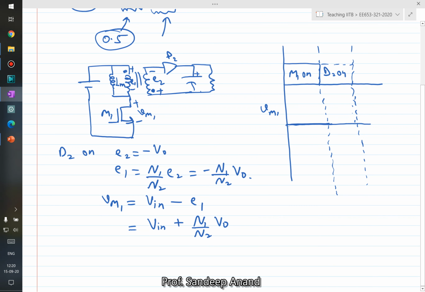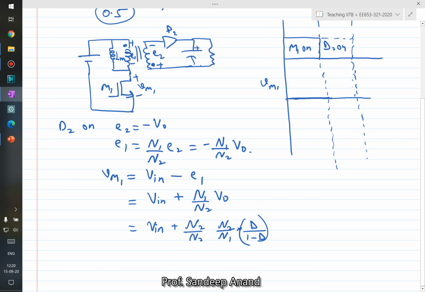And in CCM, VO is given by N2 by N1 times D upon 1 minus D. So N2 and N1 would cancel out, and what you would get is Vin plus Vin into D upon 1 minus D. That is the voltage rating of switch M1.